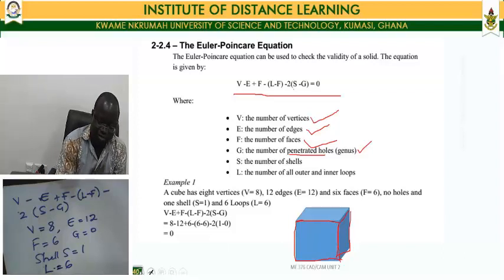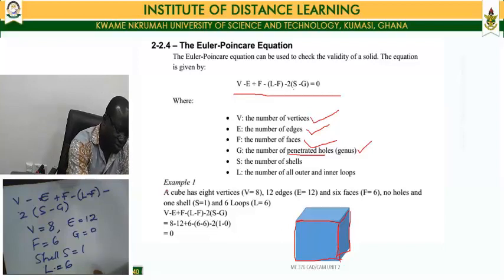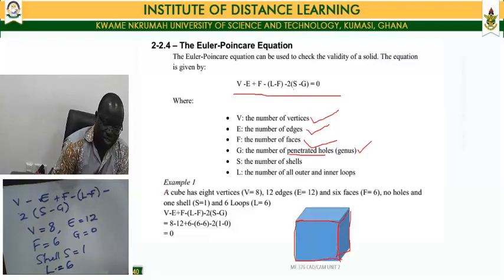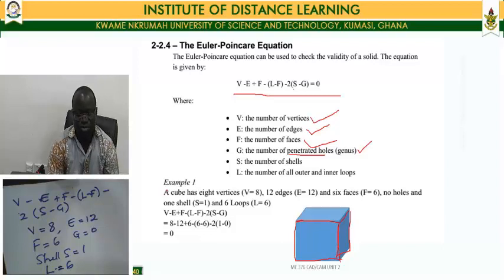When we apply the Euler-Poincare equation, as I've already explained, we have vertices, edges, and then the loops, so we've counted them. If we do these maths, V minus E plus F, and then into L minus F and all that, we get the answer to be 0.